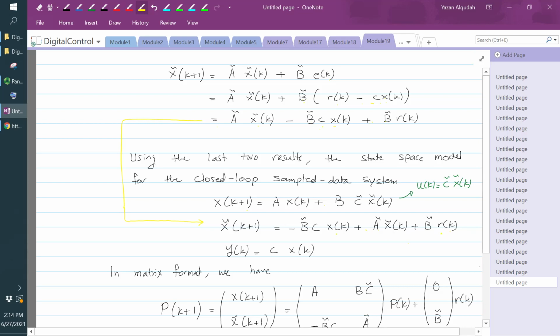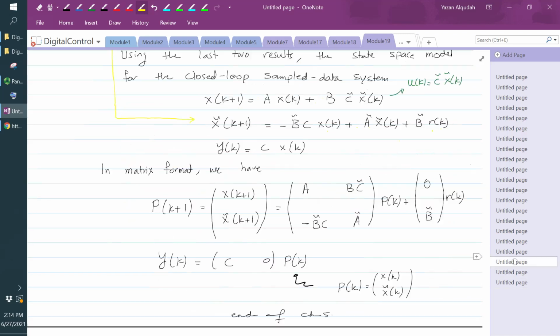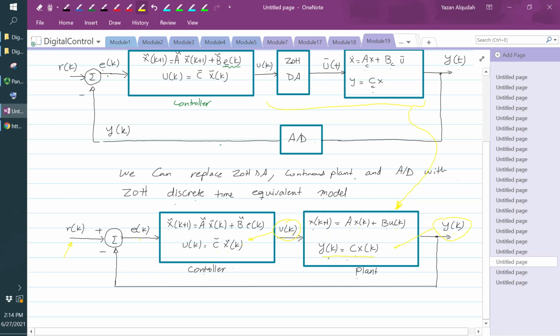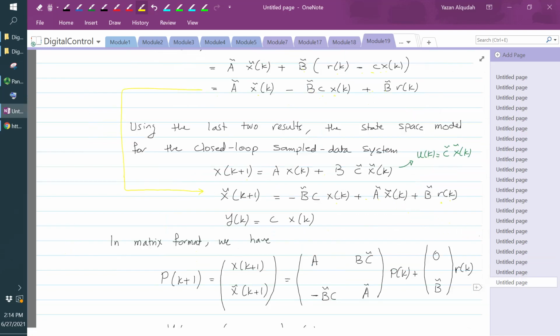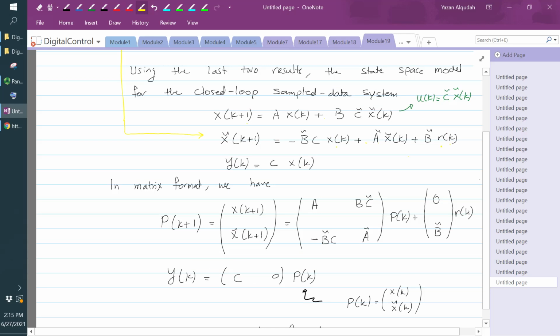And the overall output of the system is y of k equal to C multiplied by x of k, this equation here. So I can put all this in a matrix format.